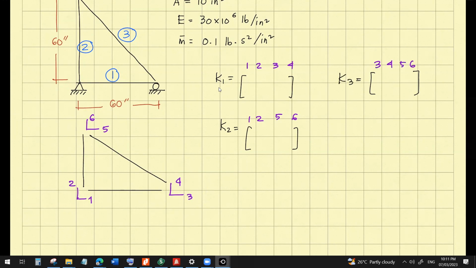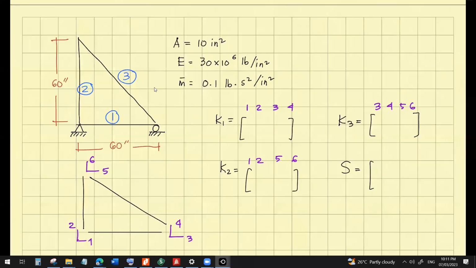Now, what will be our S matrix or our stiffness matrix? So how many displacements do we have? Since this is a roller support, that's one displacement already. It is capable of moving sideways at this point, and here also, two. So that will be 3 in total.